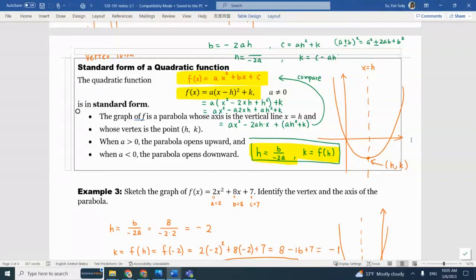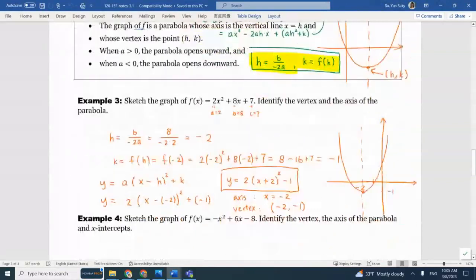Last time we did example 3. We figured out a is 2, b is 8, c is 7. Then we plug into the formula. h is b over negative 2a, so we get negative 2. And k is f of h.